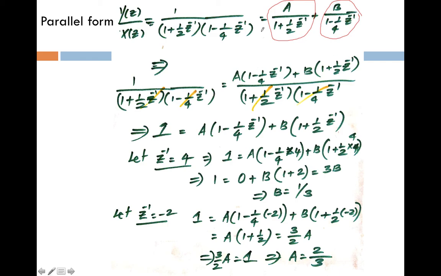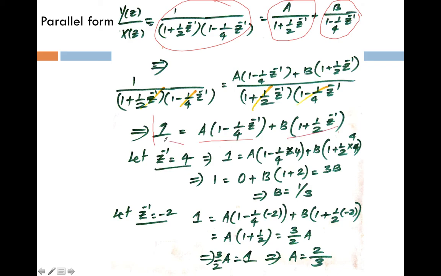Now I'm going to cross multiply and equate with the transfer function. When I'm equating, I'll get an equation like 1 = A(1 - 1/4 z^-1) + B(1 + 1/2 z^-1).